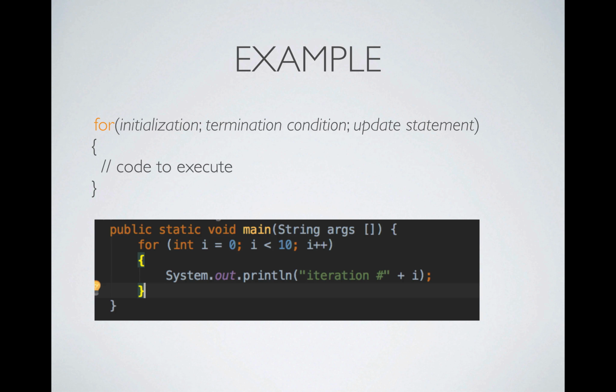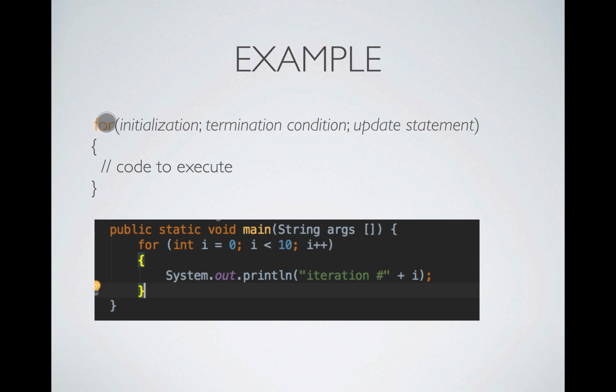in Java. So above here, I have a pseudo example of a for loop. For a for loop, we use the keyword for, and then we have three conditions the for loop must have, separated by semicolons. So we have initialization, then a semicolon, then the termination condition, which is when the loop should end.